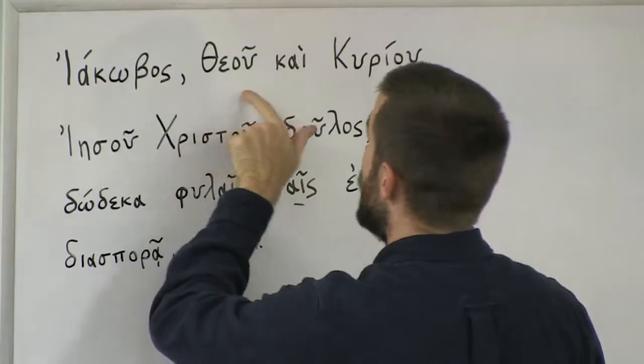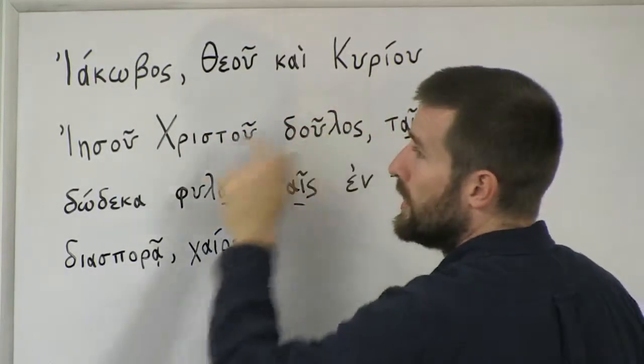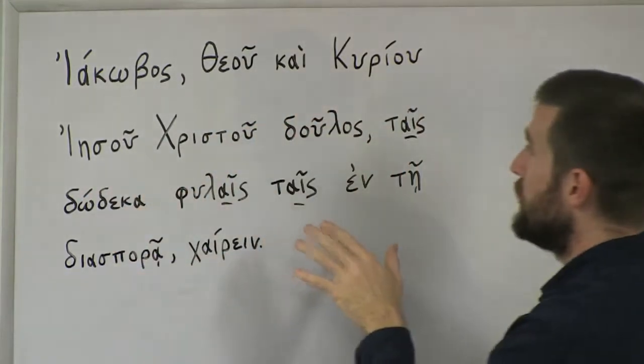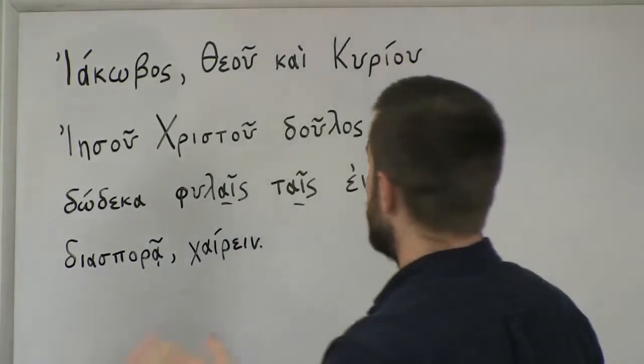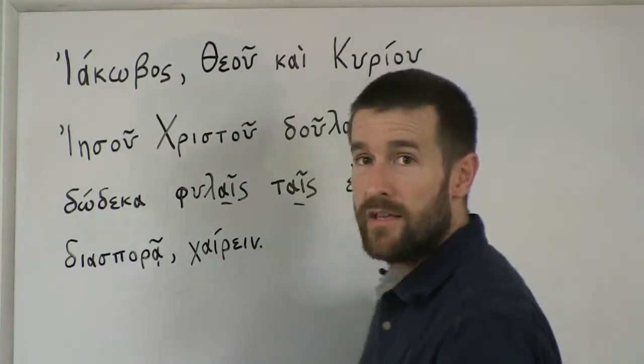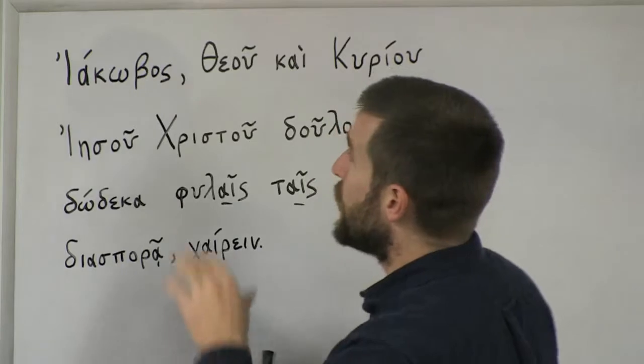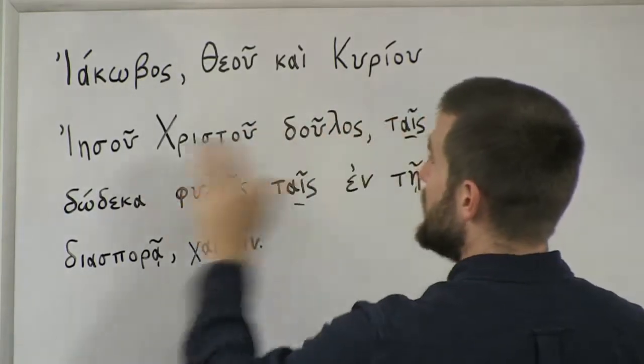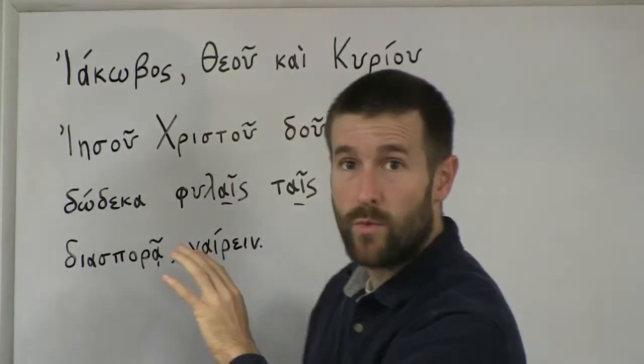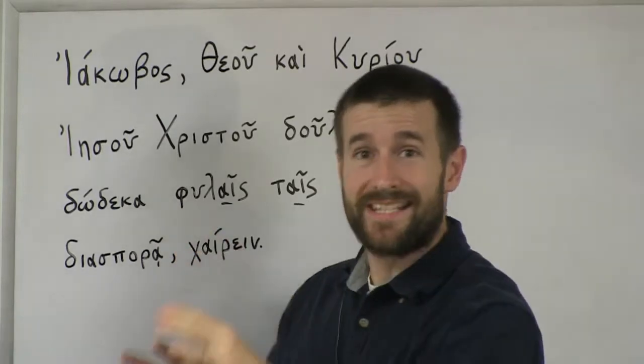Yakovos, Theou ke Kyriou, Isou Christou doulos, tes dodeka philes, tes enti diaspora, cherin. All right? So, Theou ke Kyriou Isou Christou should stand out to you right away as being in the genitive case.